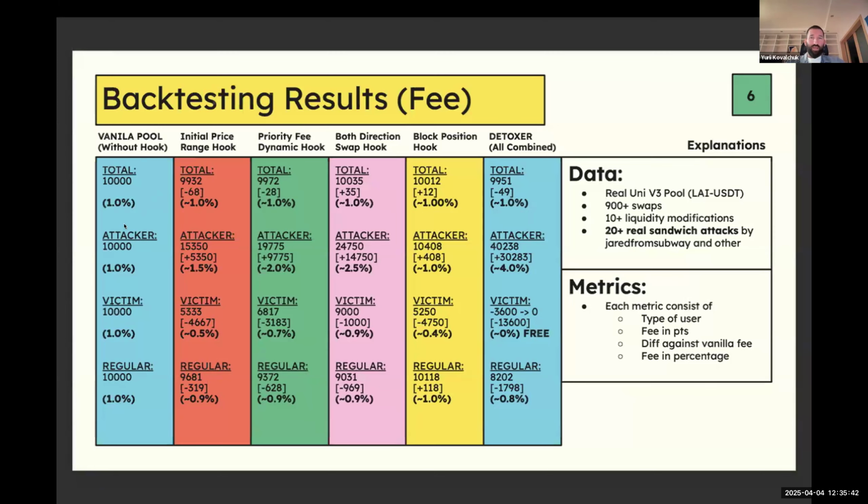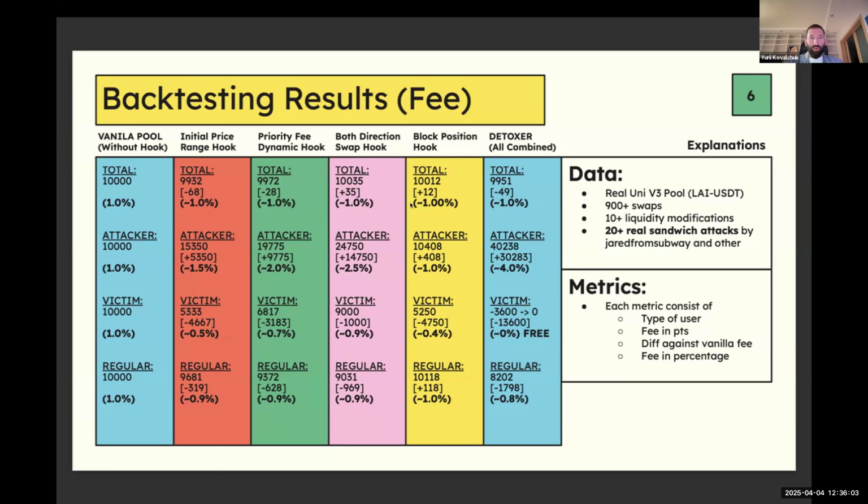Usually in this particular pool you have a 1% fee for any transaction, and we can compare each strategy. The main idea was not to decrease or increase the general fee level which LPs can earn on providing liquidity.